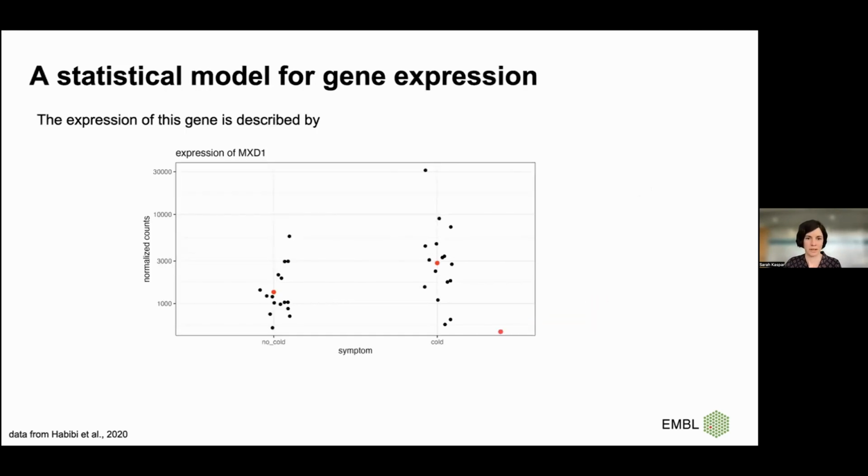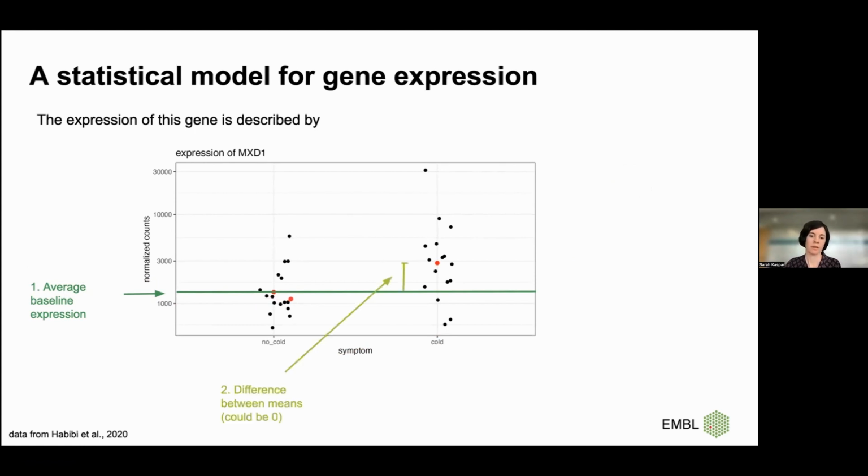We use a statistical model, and some very common model for gene expression goes as follows. We say that the expression of the gene is described by some baseline expression, baseline in this case for the no cold group. Then there is some difference between means, between average expression between the cold and the no cold group.